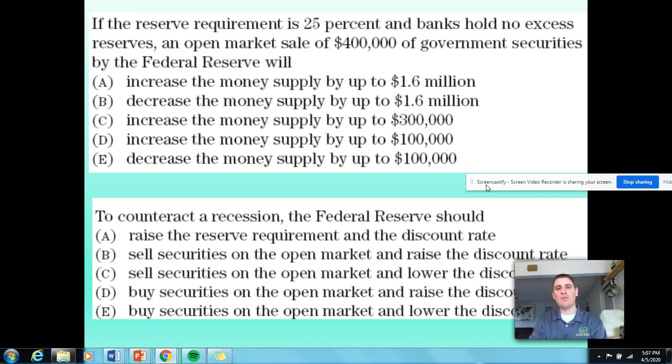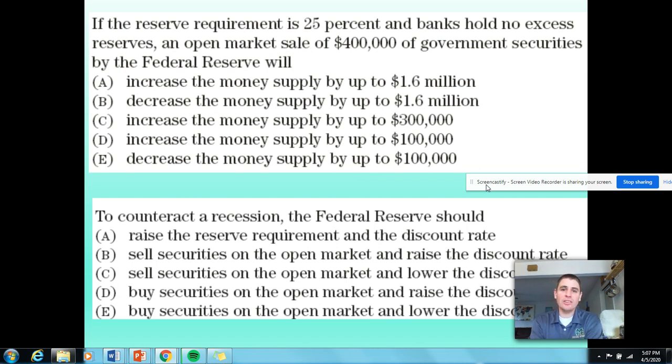If the reserve requirement is 25%, that is to say banks have to hold on to a quarter of every dollar that gets put in, and they have no excess reserves, and the Fed sells bonds, is that increasing or decreasing the money supply? It decreases. So we should know that A, C, and D are eliminated.